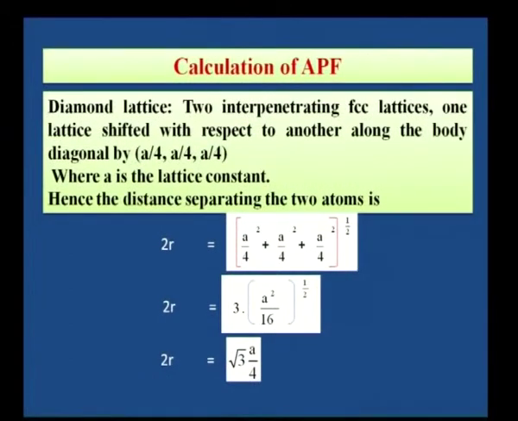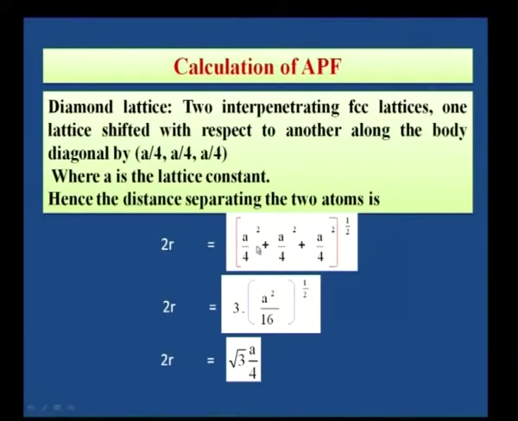Obviously, from the geometry, it will be (A by 4 minus 0) whole square, plus (A by 4 minus 0) whole square, plus (A by 4 minus 0) whole square, the whole to the power of half, that will be equal to 2r, right.